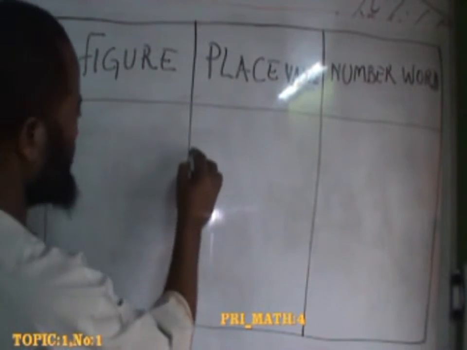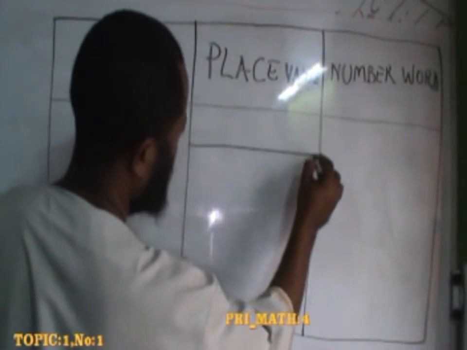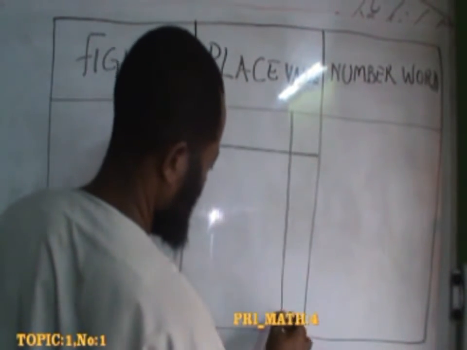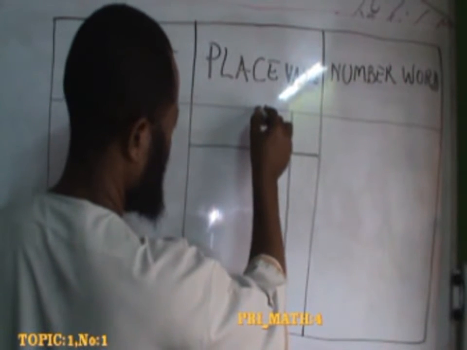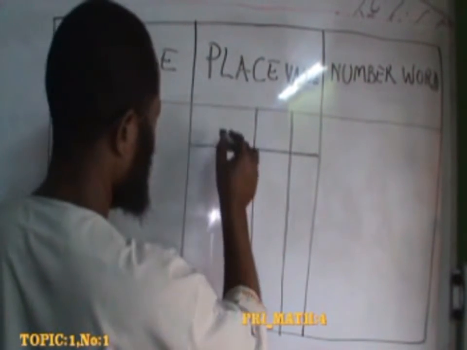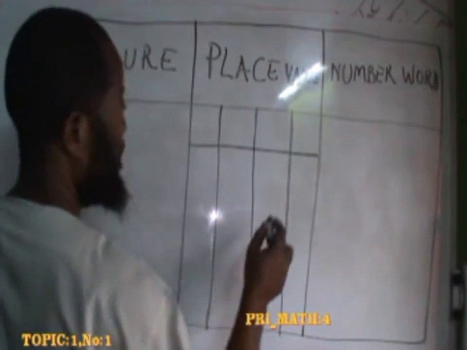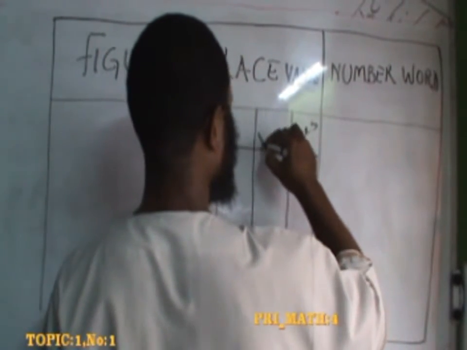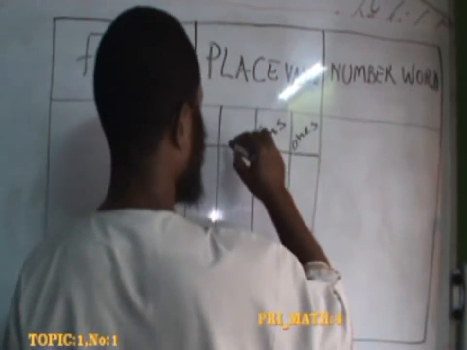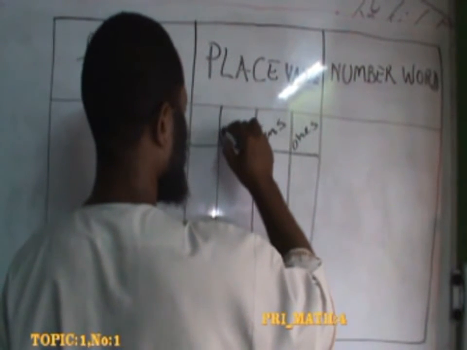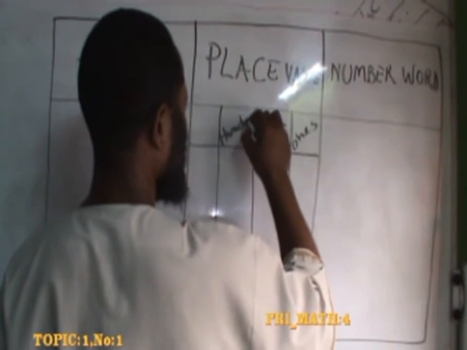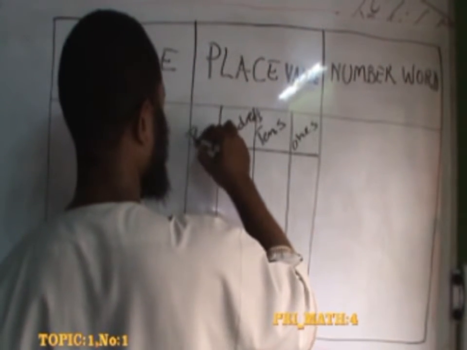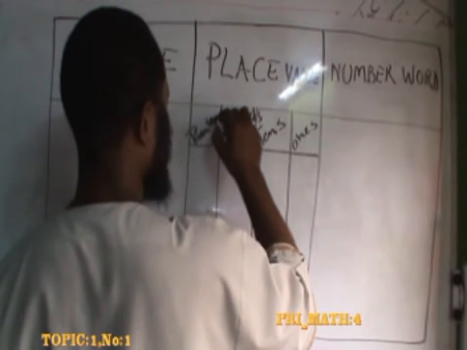So, this will be for ones. This for tens, and this column for hundreds, and the next one for thousands.